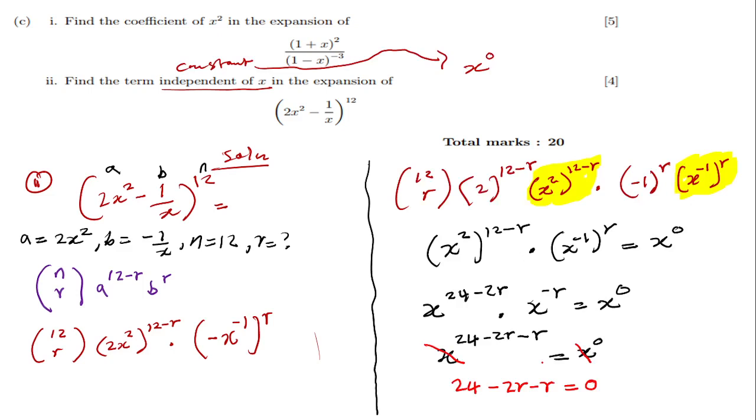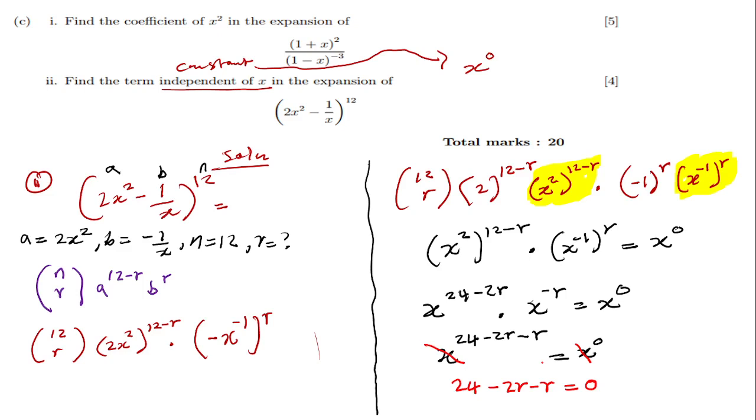So now we have 24 minus 3r is equal to 0. To look for r, this will go to the other side, so 3r is equal to 24, and then over 3, over 3, then that one and that one will go. r will simply be equal to 8.